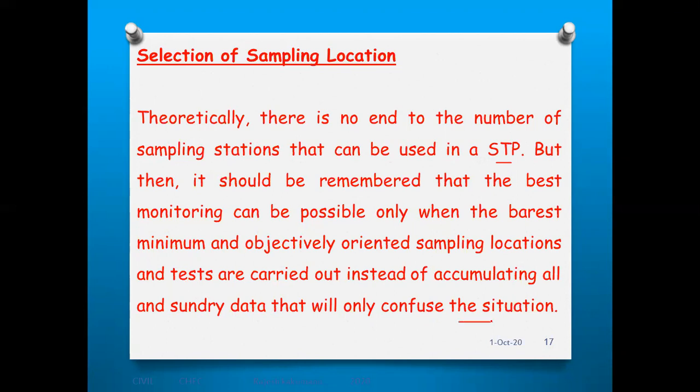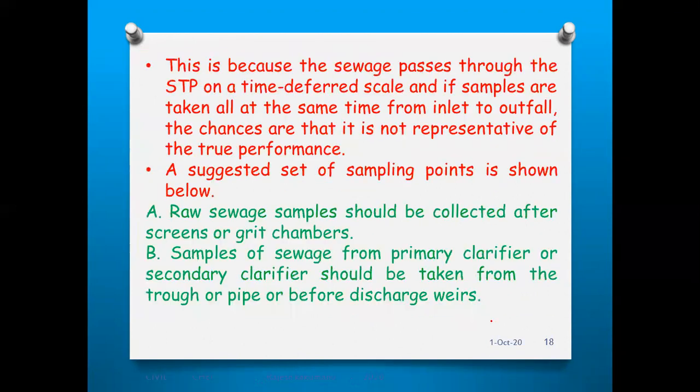So there is no particular selection or source of samples of taking the water in the STP. So we are having number of ways where we can take the samples and tests will be carried out, right? So we will see those step by step.